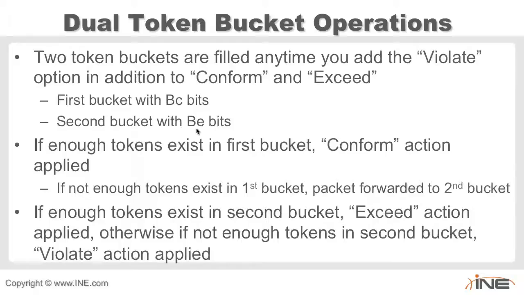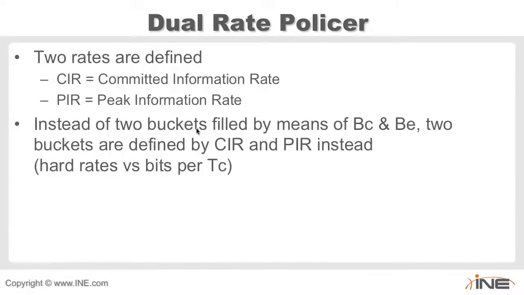Okay, we're going to leave shaping and policing and take a look at fragmentation. So serialization delay is the finite amount of time that is going to be required to put frames on a wire. Now, the speed of your link will determine how long it takes to serialize. Slower speed links take more time to serialize the data.